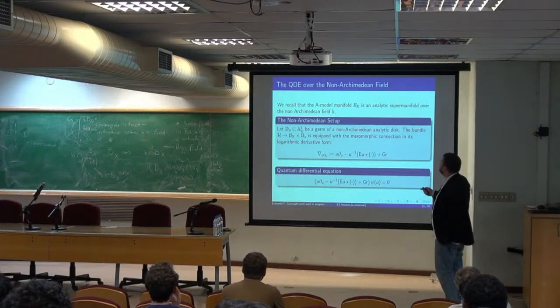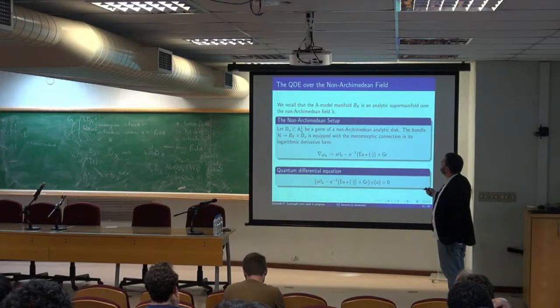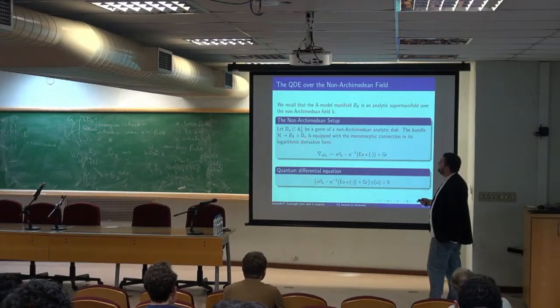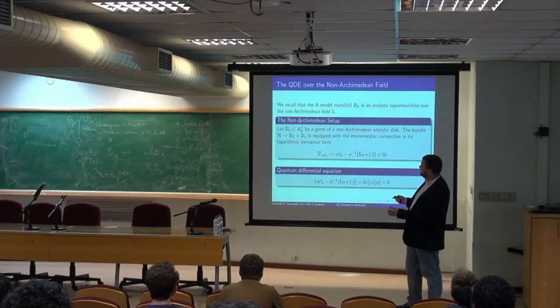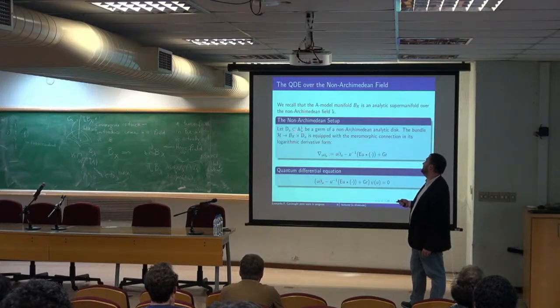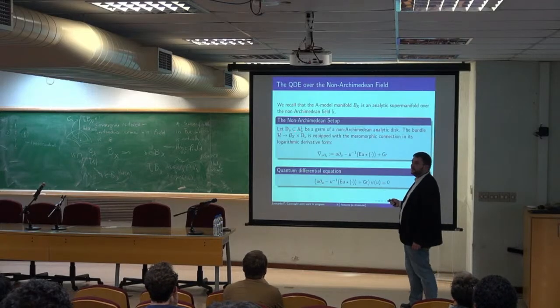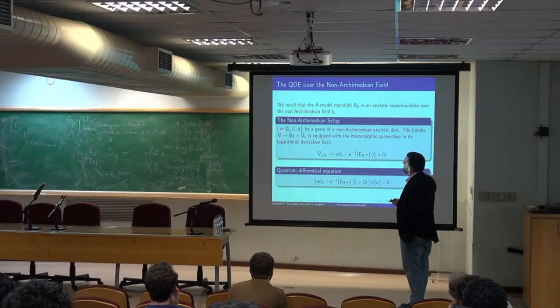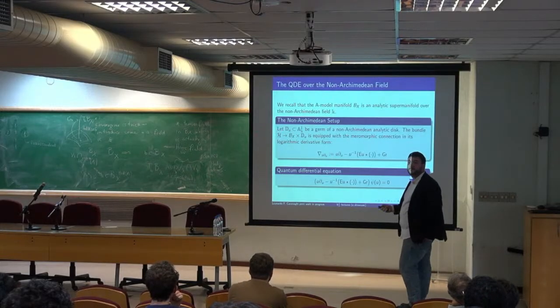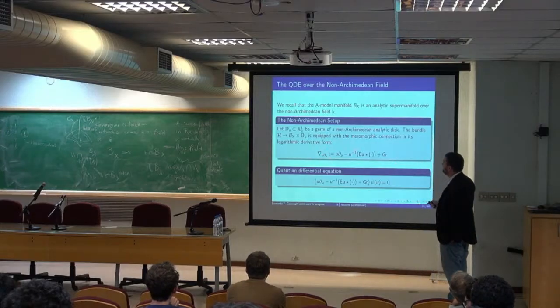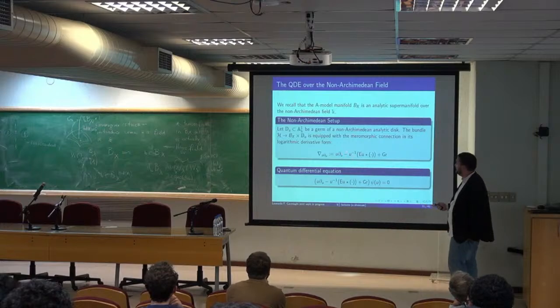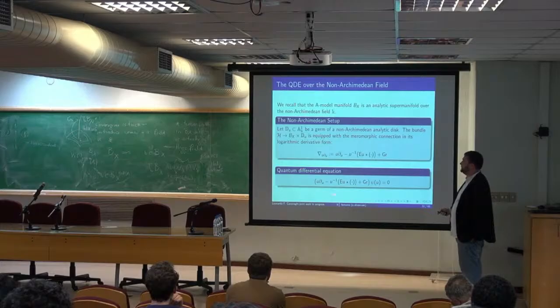So I said that once you have your Bx manifold, if you consider some auxiliary variable u that lies in an analytic disk, a germ of analytic disk on the affine line over your non-Archimedean field, you can define what is a model F bundle, and it has a distinguished connection which has a pole here. This is the Euler operator. So you want to solve this quantum differential equation.